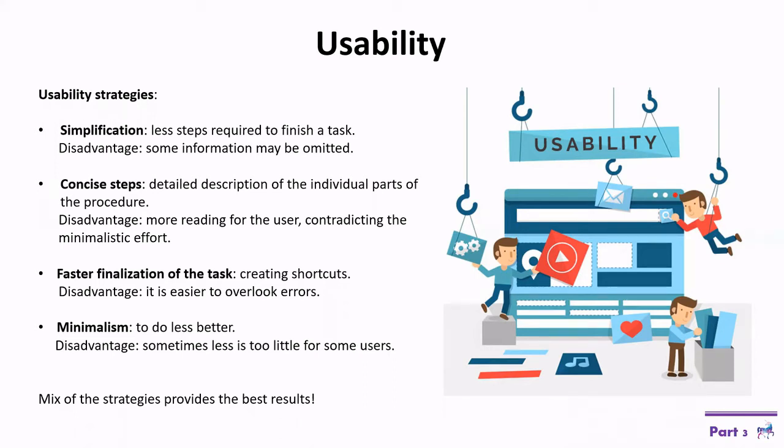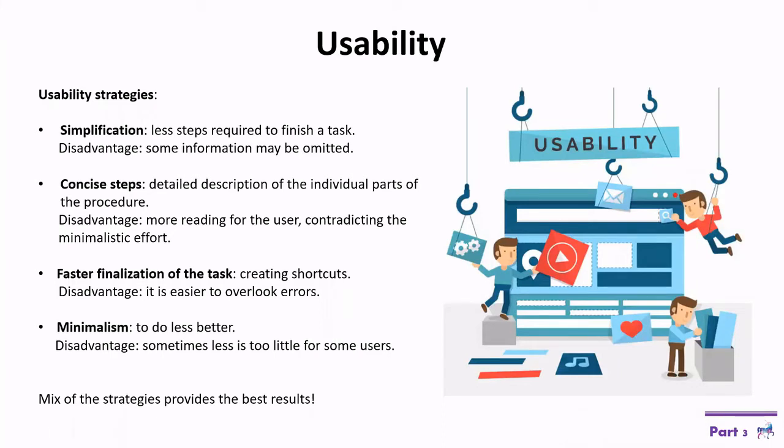But this also has a disadvantage, because if you do it this way, it's easier to overlook errors in the process. And minimalism in this case means to do less, but in a better way. On the other hand, for some users, if you overdo it, less is too little.